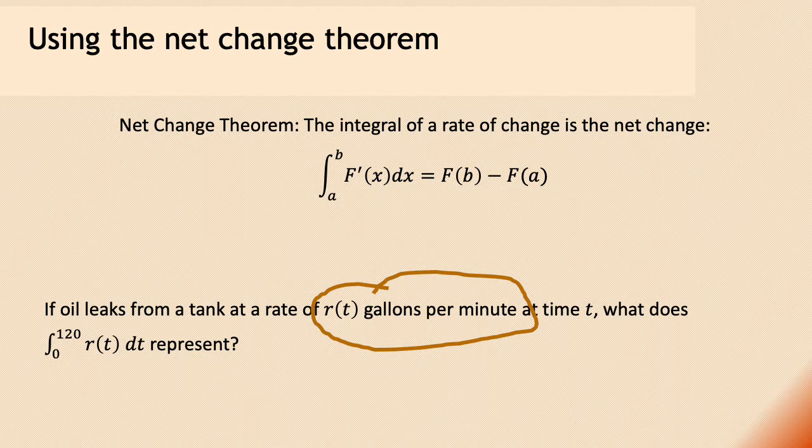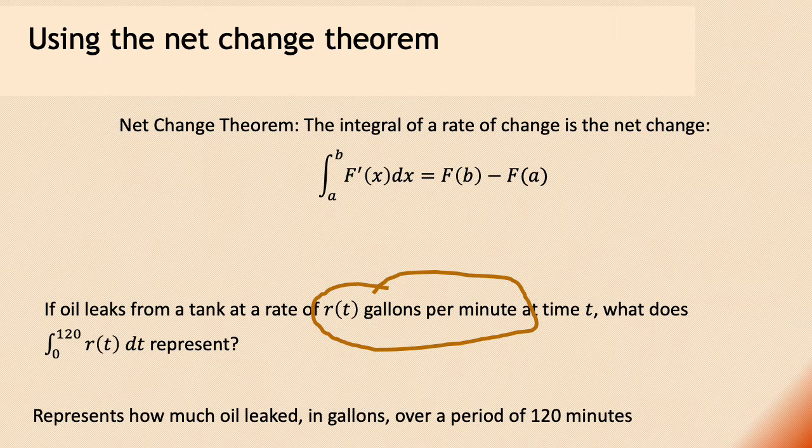So after we take that integral, according to our net change theorem, it would result in a net change. So taking the integral of the rate of leakage represents how much oil leaked: the net change in the oil leakage in gallons over this period of 120 minutes.